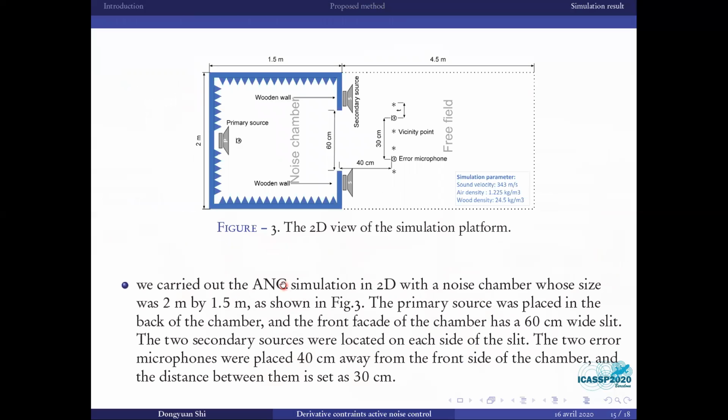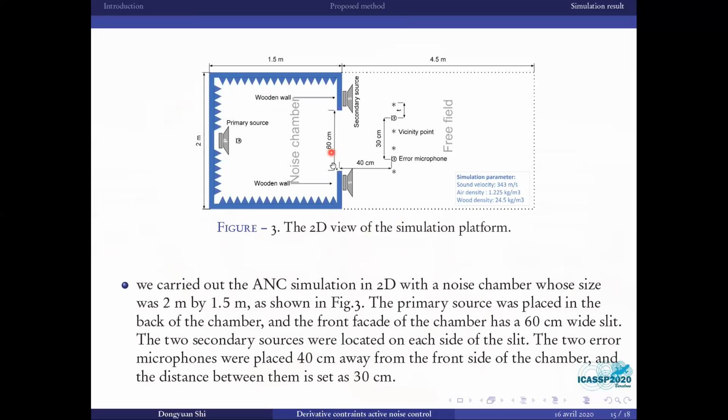To test the performance of this new algorithm, we carry out a 2D simulation on a small noise chamber, as shown in figure 3. Inside this small noise chamber, there is the primary source. A reference microphone was placed close to this primary source. Another 2 secondary sources are put outside this noise chamber.